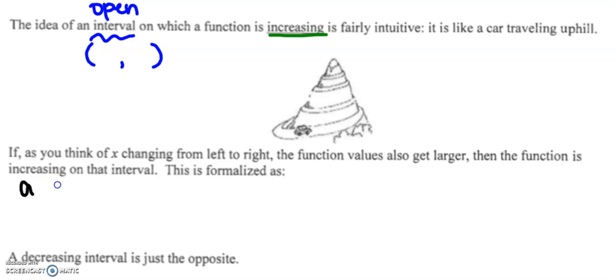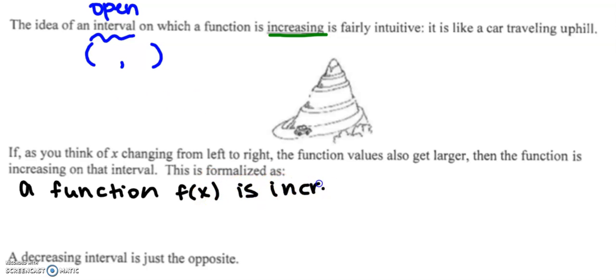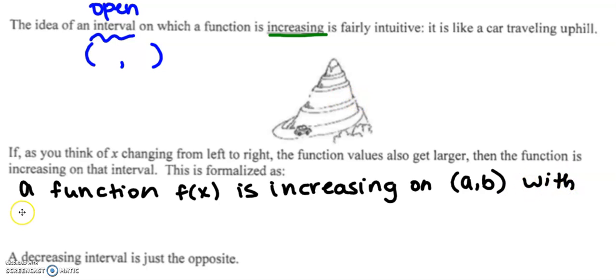So a function f of x is increasing on the interval from, we'll say, a to b, with b greater than a. Okay, so we're reading from left to right.